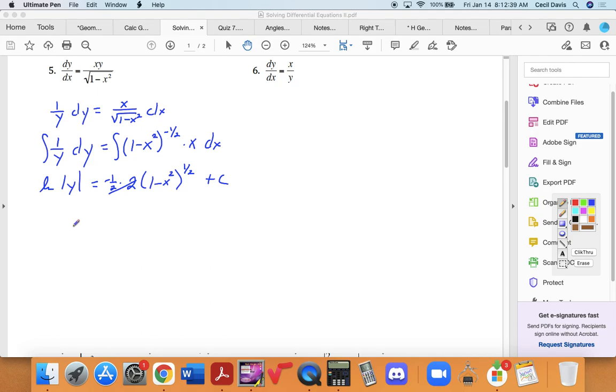So then the absolute value of y is going to be equal to c e to the negative 1 minus x squared to the 1/2 power, because it's that whole e to the something plus c is c times e to that something.